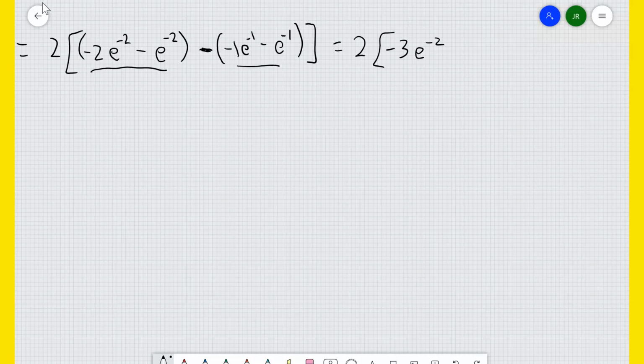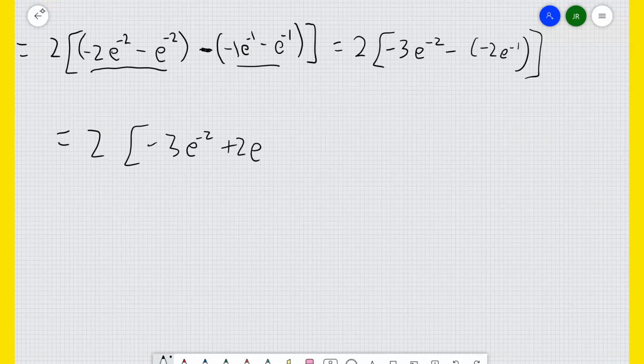And these are like terms. Negative 1 thing minus another thing is negative 2 of those things. So negative 2 e to the negative 1. And that's going to be 2 times negative 3 e to the negative 2 plus 2 e to the negative 1.